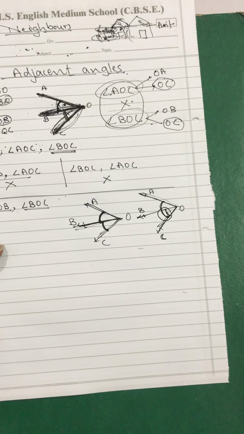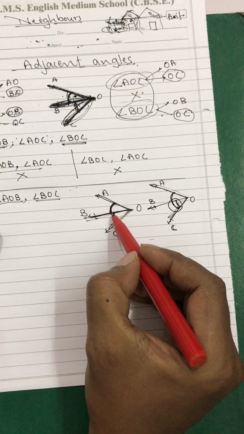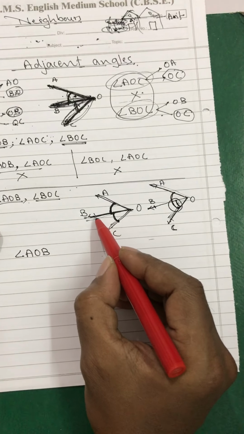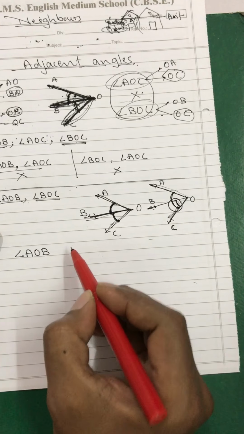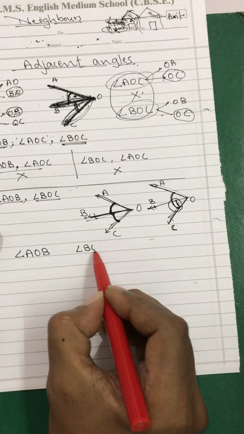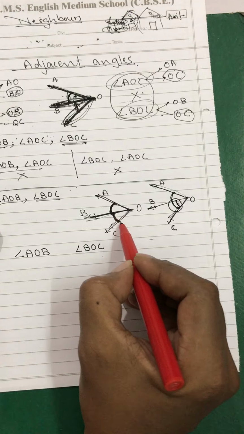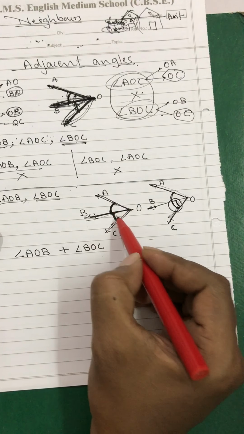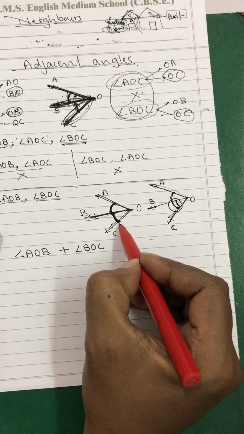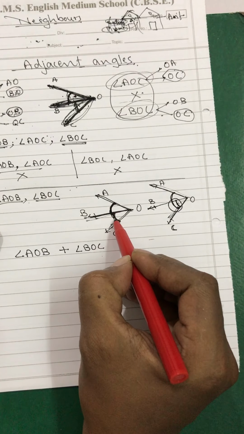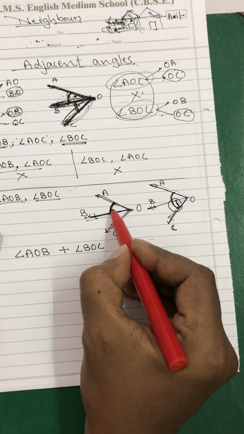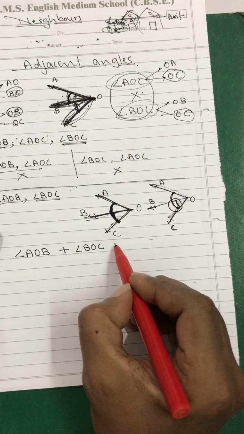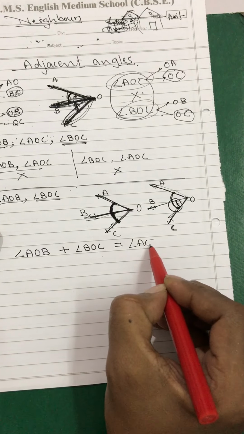Now what is the equation of adjacent angles? One adjacent angle is angle AOB. The other adjacent angle is angle BOC. When you add the two, angle AOB plus angle BOC, this mark gets created, and it is the mark of angle AOC. You will get angle AOC.